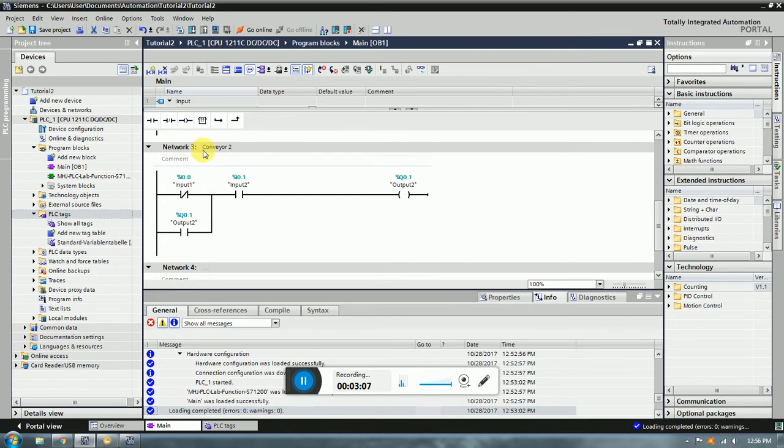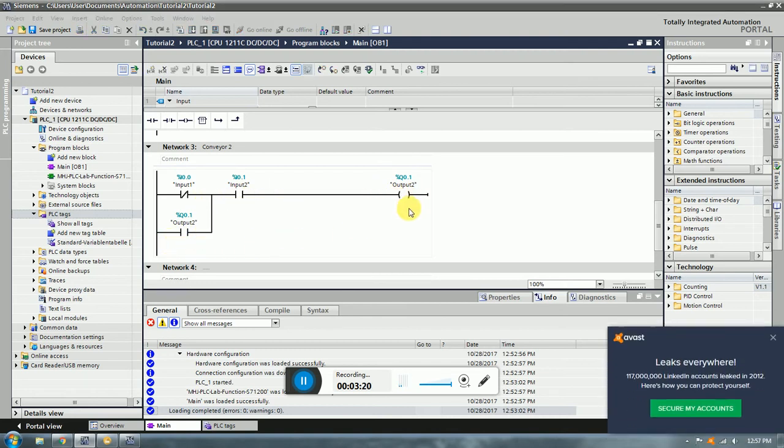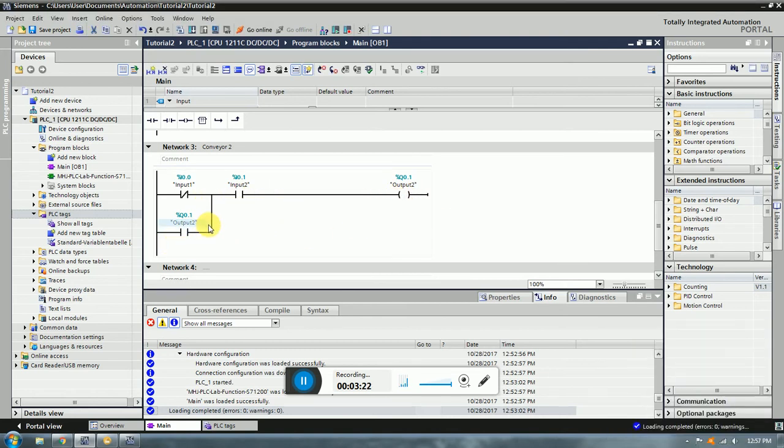Then we have the other network, conveyor 2. In this case, we put the input 1 in the network, and this way of building it follows one purpose: when the container is detected by input 1, it connects output 2, and when output 2 is connected, it also connects here too.